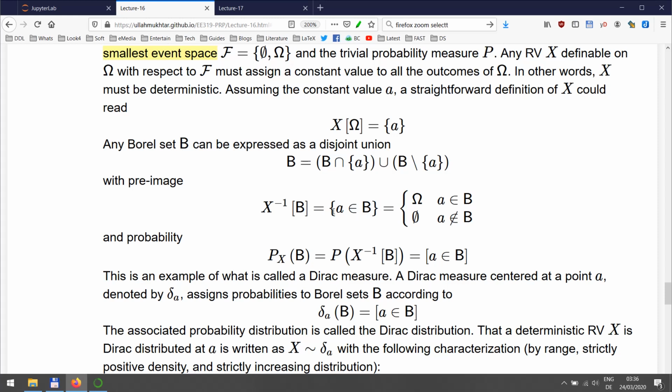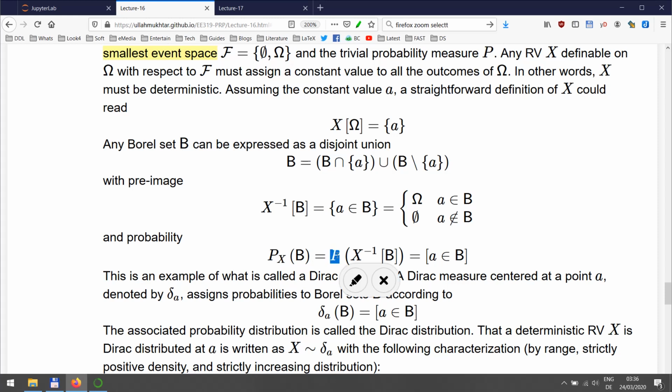So now we want to know the probability of this. Actually, we want the probability of B. But because B is on the real line, I can only apply the new measure, the Px. I cannot apply P to B. So Px is the probability measure which is available on the real line.